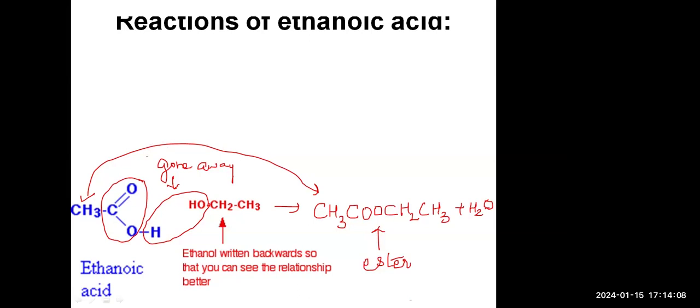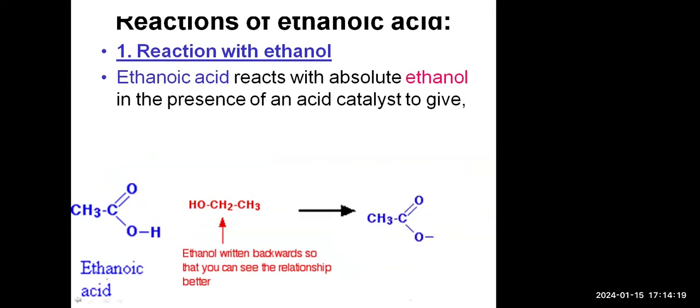You can see this nicely what is produced. CH3COO part is from the acetic acid. Let me erase this and write the equation. See, this blue part is from ethanoic acid and the red part is from ethanol, right?